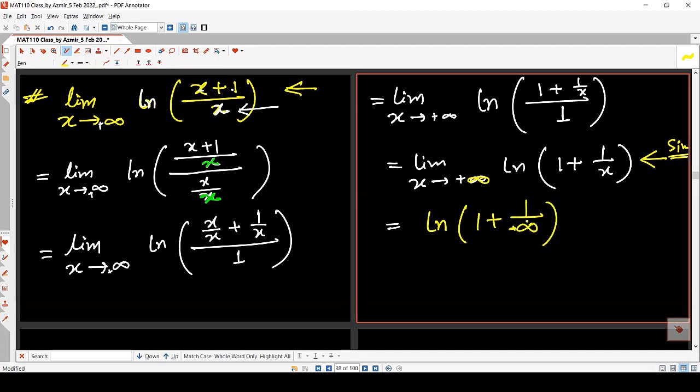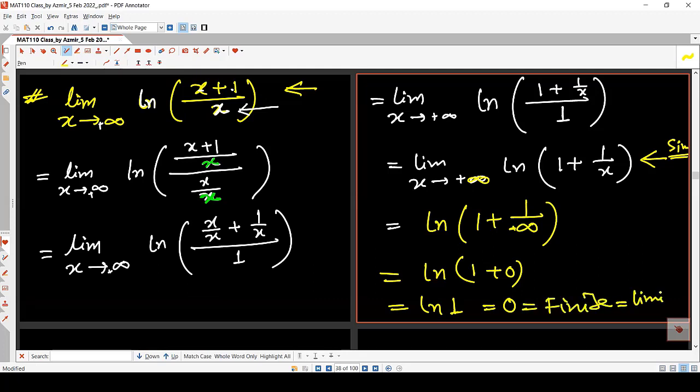So 1 divided by infinity will be 0. So natural log of 1 plus 0, that means we have natural log of 1. You know that log 1 is 0. So this is a finite value. That means the limit exists. So the limit of this function exists when x is approaching plus infinity.